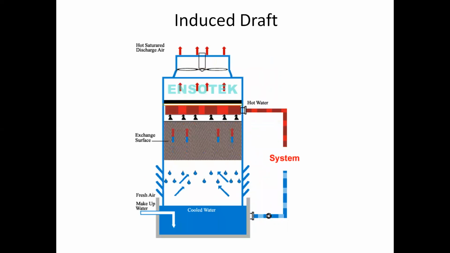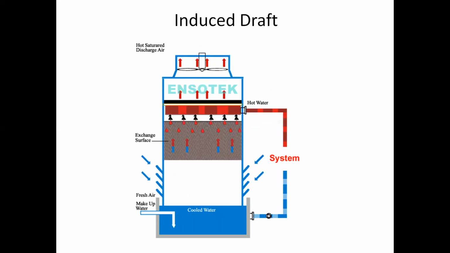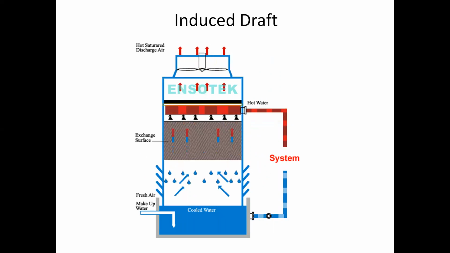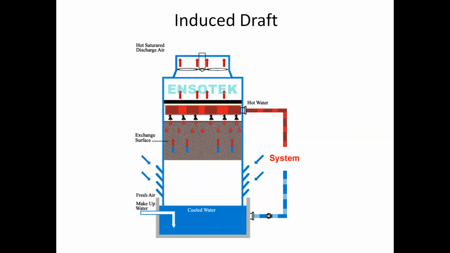Induced draft. Induced means there is an induced fan. Now instead of pushing the air, if I pull the air, then it is called induced draft. You can see the fan position here is at the top side. The fan which is on the top of this particular cooling tower acts as a puller for the hot air, which is going to pull out the hot air by using the fan.